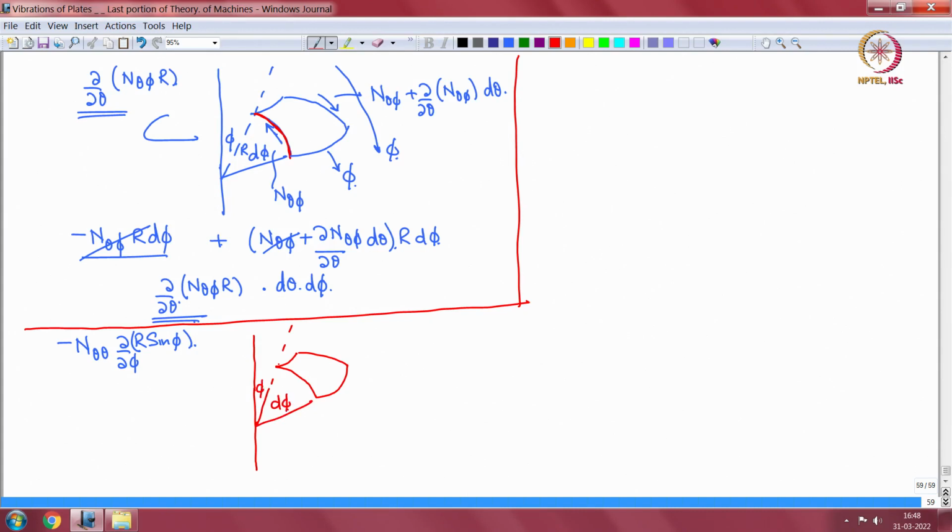Now n theta theta is like this. On the theta faces, it's a normal force resultant.